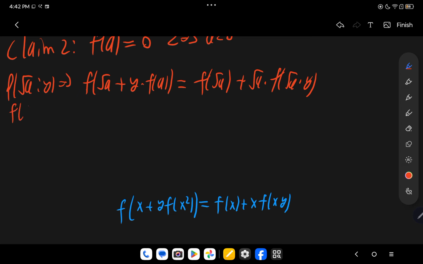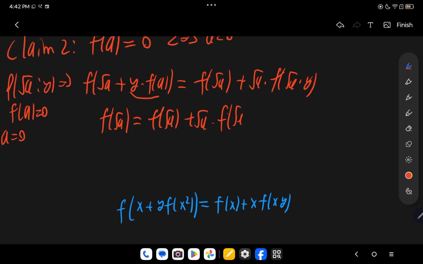We know that f(a) is equal to 0, and we want to prove that a is 0 too. So we know that this is 0, and we get f(square root of a) equals f(square root of a) plus square root of a times f(square root of a) times y.